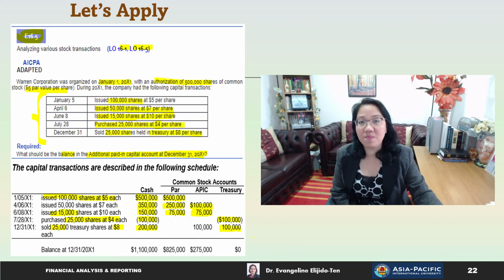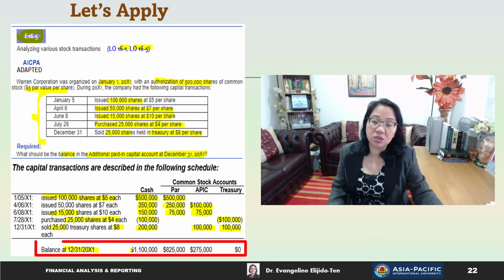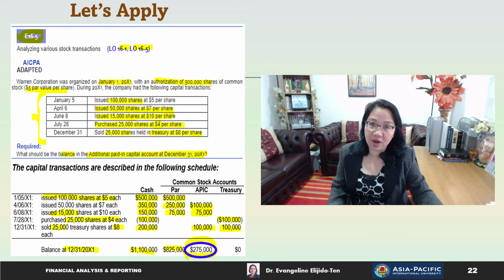And the remaining 100,000 will go to additional paid-in capital. So therefore, as at 31st of December 20X1, we would have $1.1 million in cash. Par value of common stock is 825,000 and our additional paid-in capital would be 275,000.